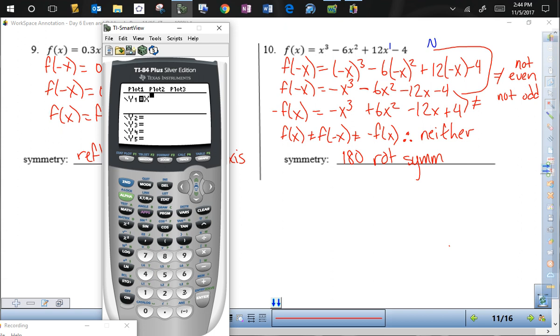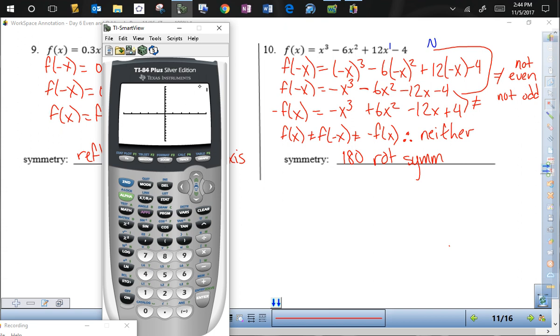So x cubed minus 6x squared, I keep doing that. There we go. Plus 12x and minus 4. So our graph here, the point of inflection is right here.